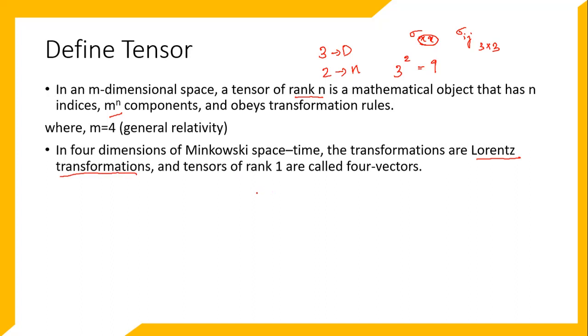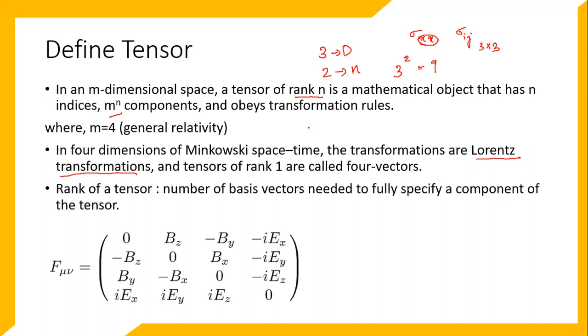Here we have 4 dimensions because we take time as one extra dimension. Instead of 3-vectors, we also have 4-vectors there, for position, electromagnetism, etc., and we have tensors. In Minkowski space the transformation is the Lorentz transformation, while in three-dimensional space it is the orthogonal transformation.